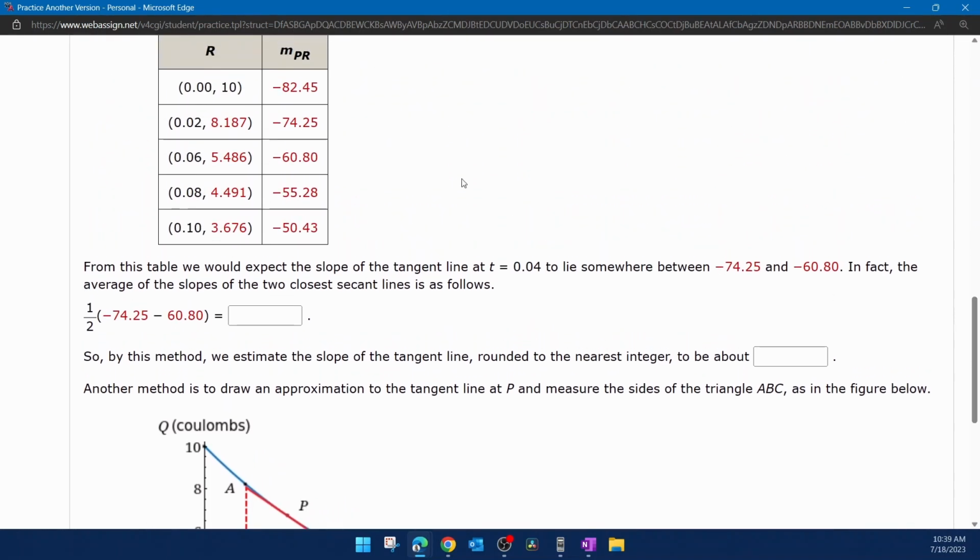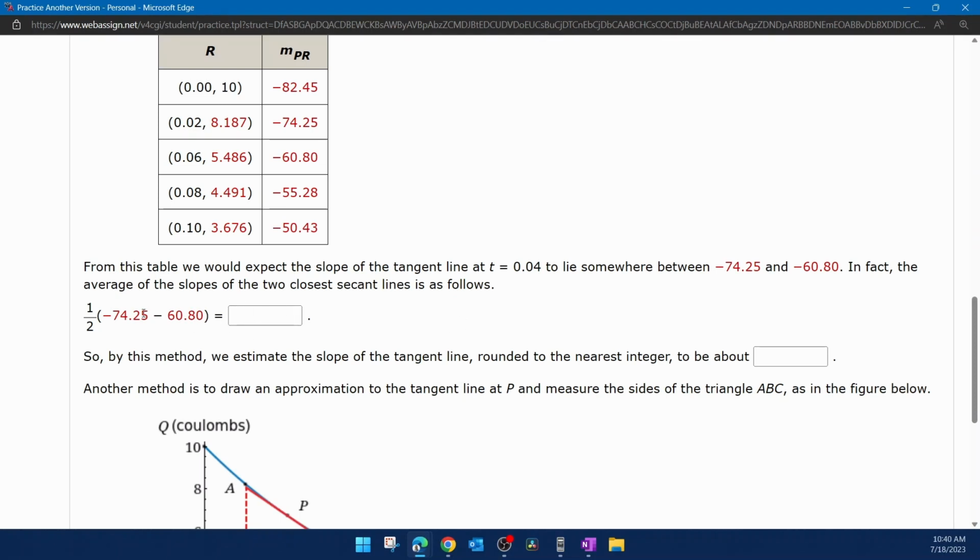Now the reason for that is because if you look at the table, the t values from 0.02 to 0.06 are centered around a t value of 0.04. And so that's where they get that information from.